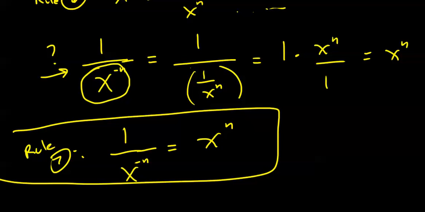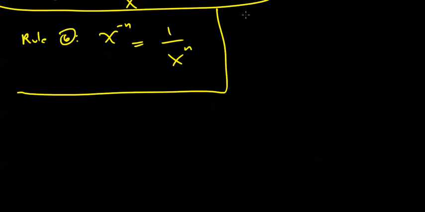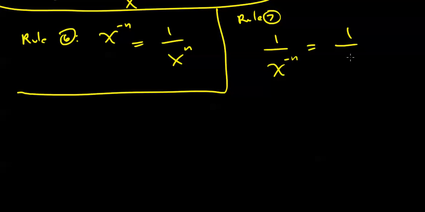All right, so let me write those two rules next to each other, because they both deal with negative exponents. There's Rule 6, and here's Rule 7.